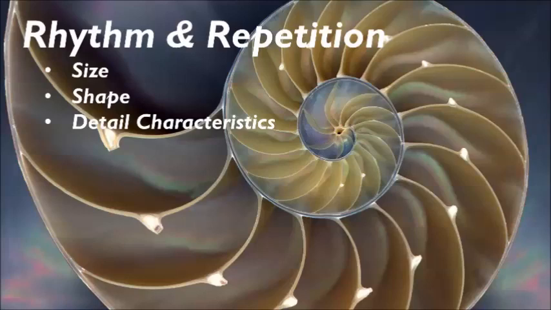And so with repetition, they don't have to be identical to create a rhythm. They could be, but they don't have to be, but there's typically some kind of ordering element or ordering system that is occurring, whether it's in the size, the shape, or detail characteristic of an architectural element.